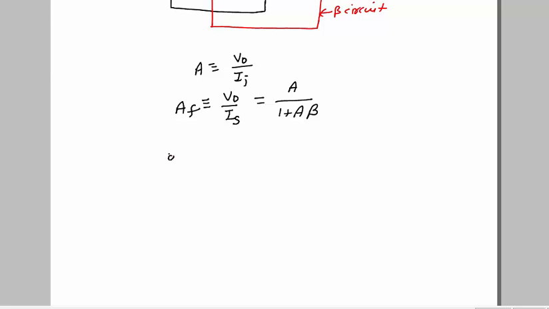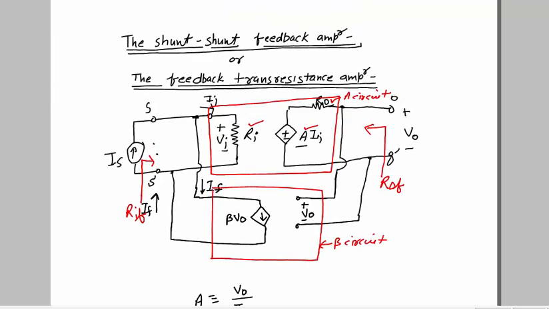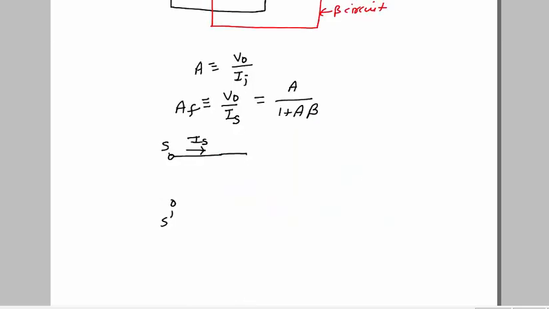First we will have terminals S and S dash, and from here the current will be Is. From this side, if I look, I get the resistance RIF.